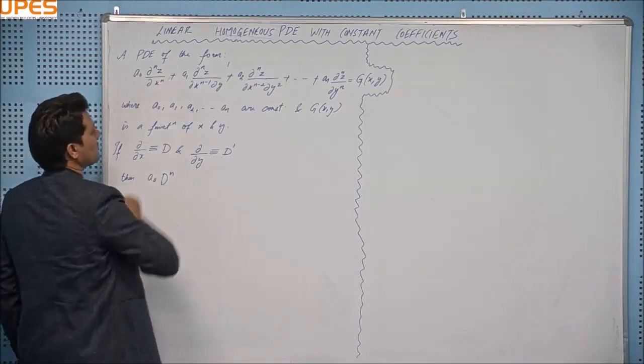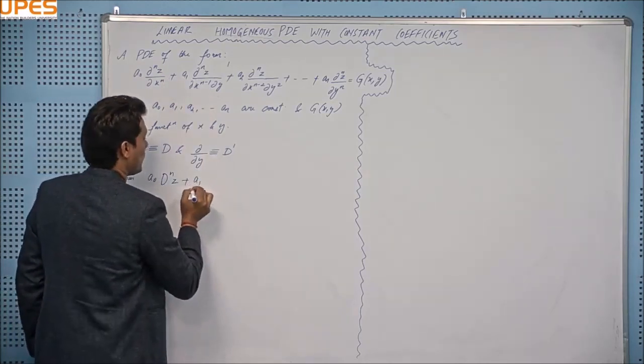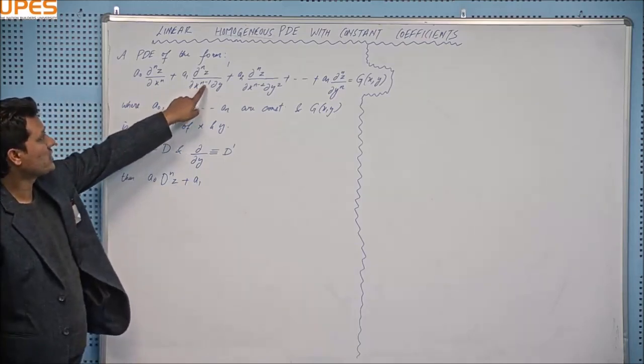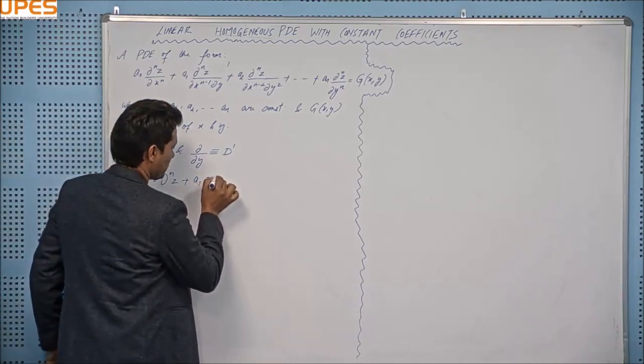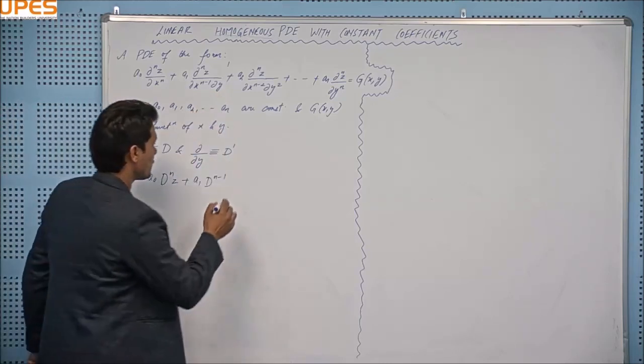And z is present here, z plus this term a1, and now this is the mixed derivative: n minus 1 times with respect to x, that is I have to write D to the power n minus 1, and only once with respect to y, so I have to write D dash.